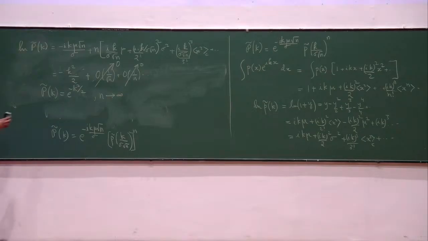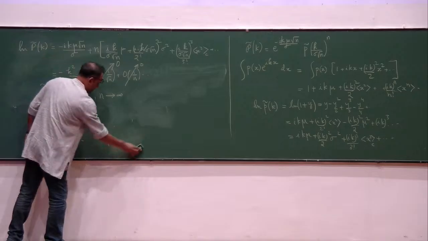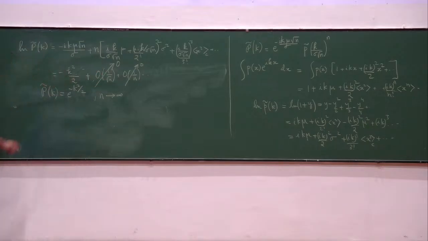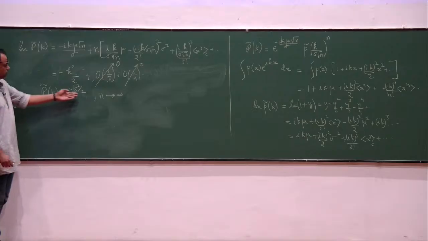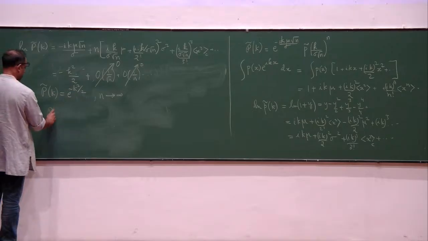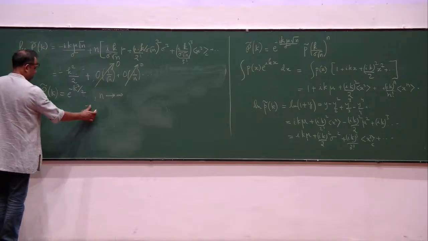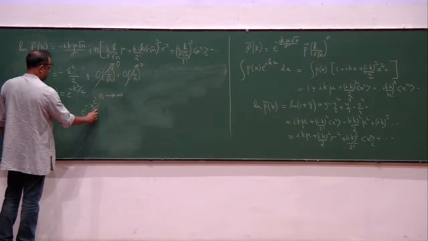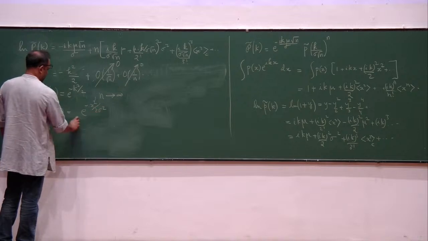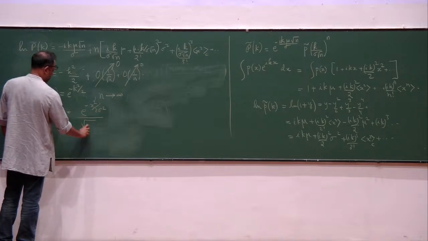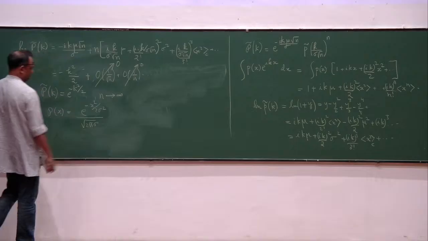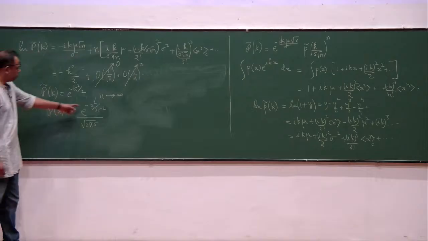It says that your sum, okay, one more step is remaining. Which function has a characteristic function which is Gaussian? So let us say p of x is e to the power minus x square by 2 sigma square into 1 by root of 2 pi, normalized to 1.